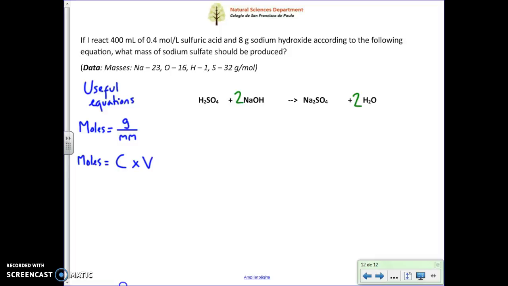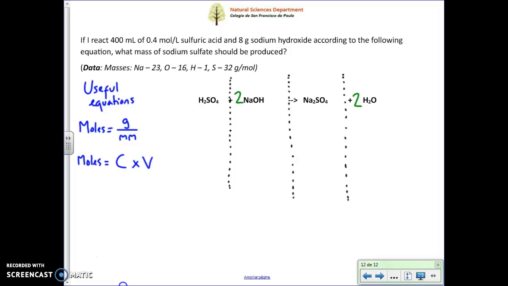Okay? So, first of all, for sulfuric acid. In this case, slightly more difficult because it's given some information about the concentration and volume. So to work out the number of moles, perhaps I will just do a dotted line, just to keep things separated so we can keep an eye on what is what. Right, sulfuric acid.